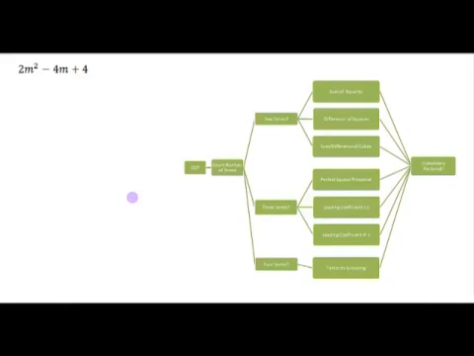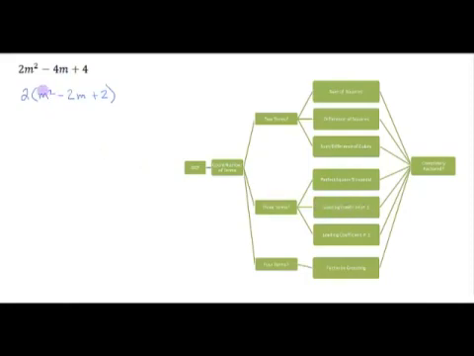2m squared minus 4m plus 4. Again, the first thing we want to do is take out a greatest common factor. We do have a greatest common factor of 2. When we take that out, we're left with m squared minus 2m plus 2. Now let's count the number of terms. We have 1, 2, 3 terms. It's not a perfect square trinomial because although m squared is a square, 2 is not a square.